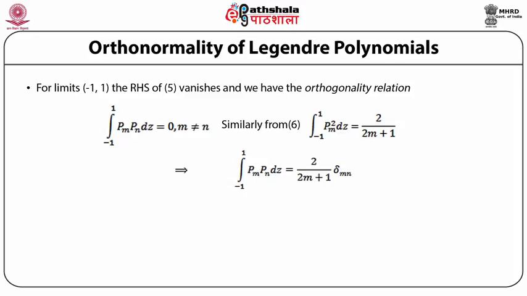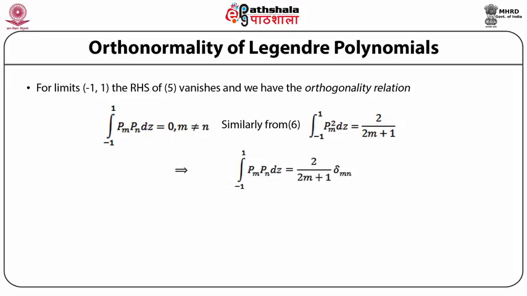So we get the definite integral over z going from minus 1 to 1 of Pm Pn is equal to 0 for m not equal to n. Similarly, from equation 6 we get the definite integral over z going from the limits minus 1 to 1 for the term Pm square is equal to 2 by 2m plus 1.